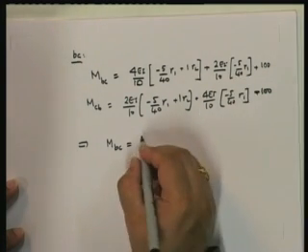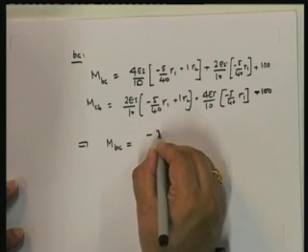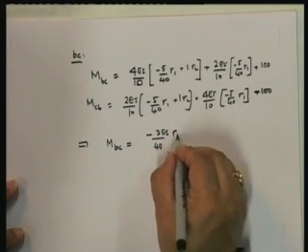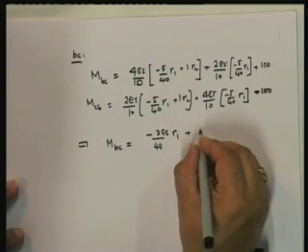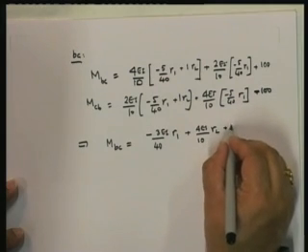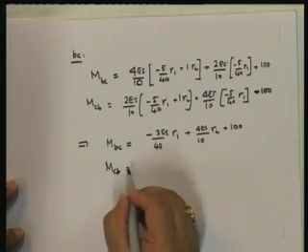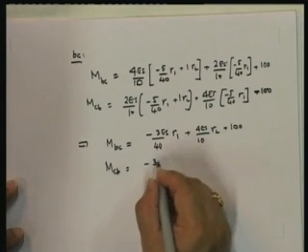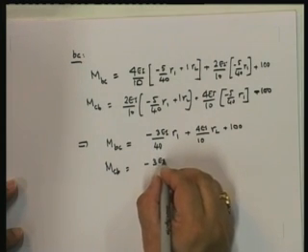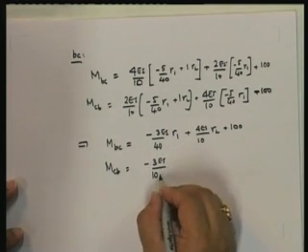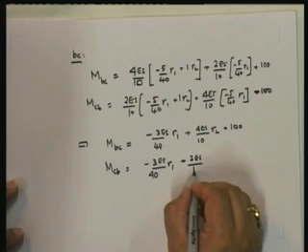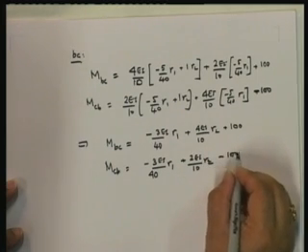So MBC is equal to minus 3EI upon 40 R1 plus 4EI upon 10 R2 plus 100, and MCB is equal to similarly minus 3EI by 40 R1 plus 2EI upon 10 R2 minus 100.